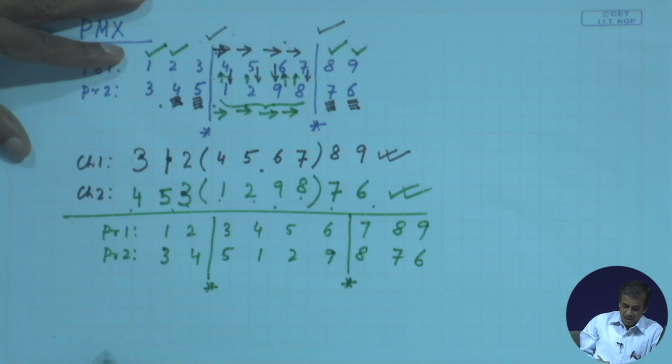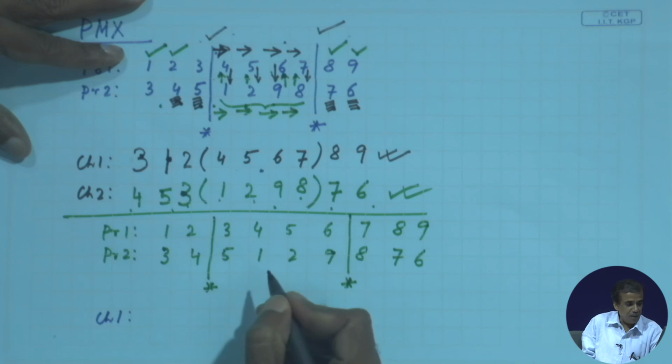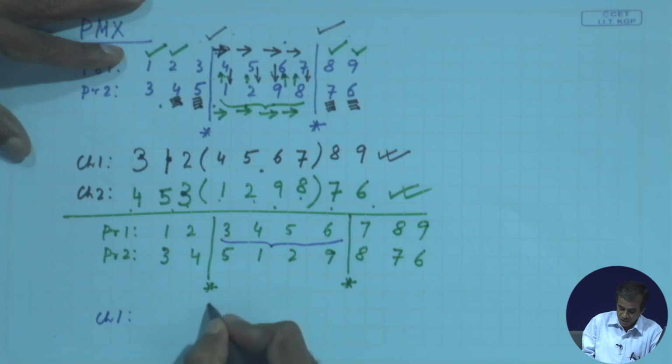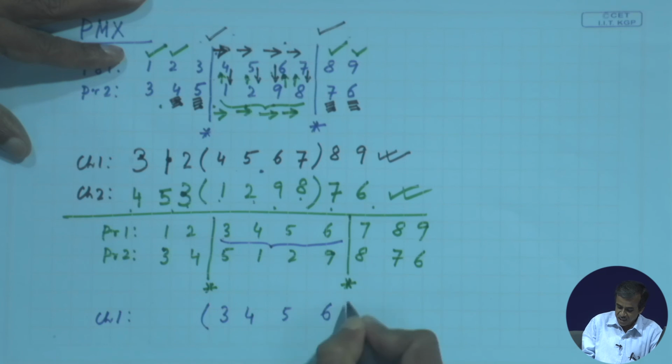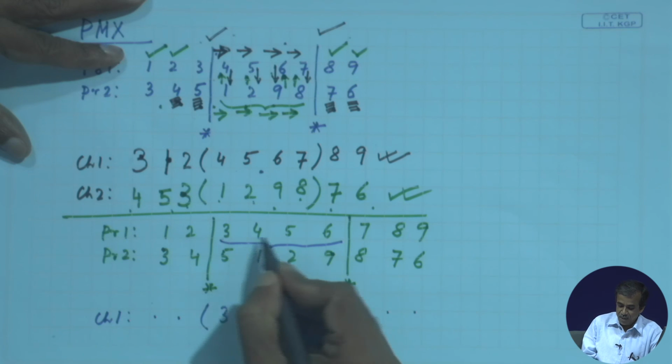Now, if you use this PMX, there is a possibility you will be getting the child solution as follows. So, child 1, first you copy directly from here. So, this is 3, 4, 5, 6.